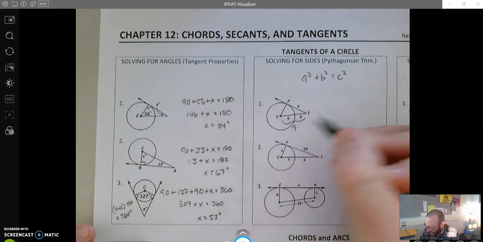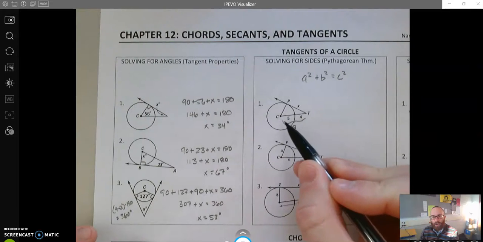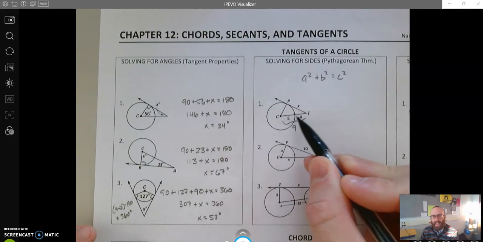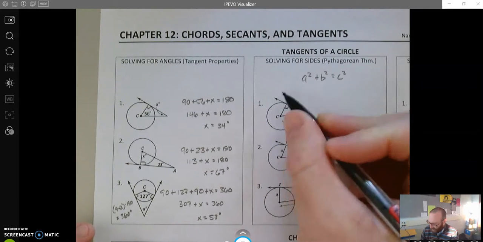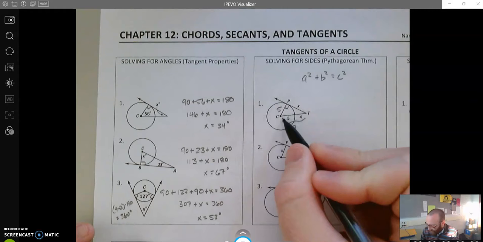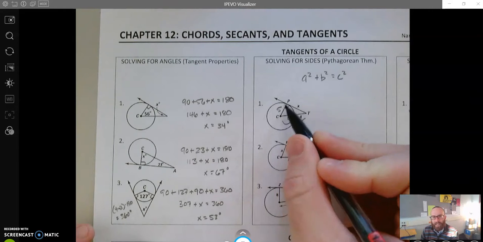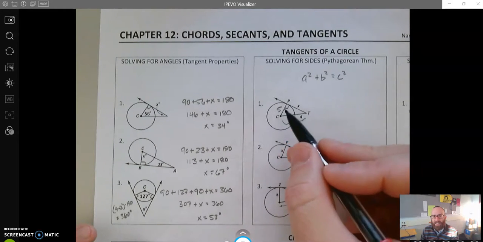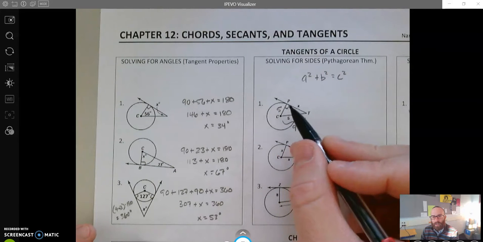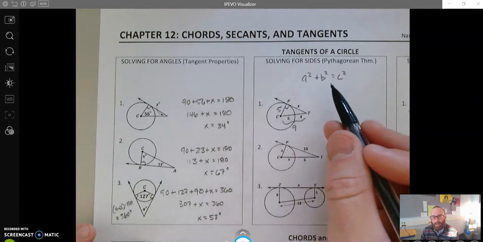One, we had to realize that the hypotenuse was 9 total, the 5 here from the radius, and then the 4 that was outside of the circle. We also talked about the fact that this was also a radius, meaning that it was 5. Because this radius was 5, the radius is the same all the way around the circle. And that's what gave us that side of the triangle so that we could use the Pythagorean theorem.